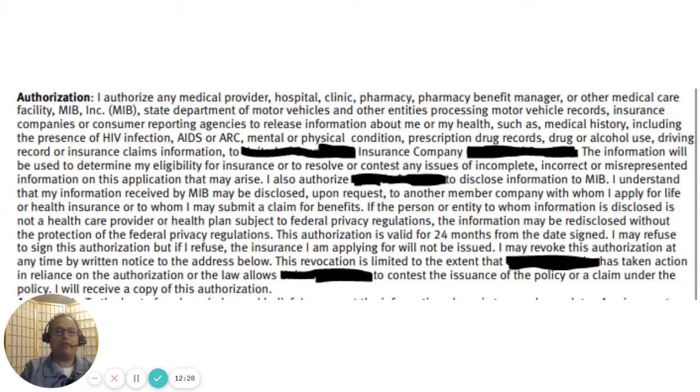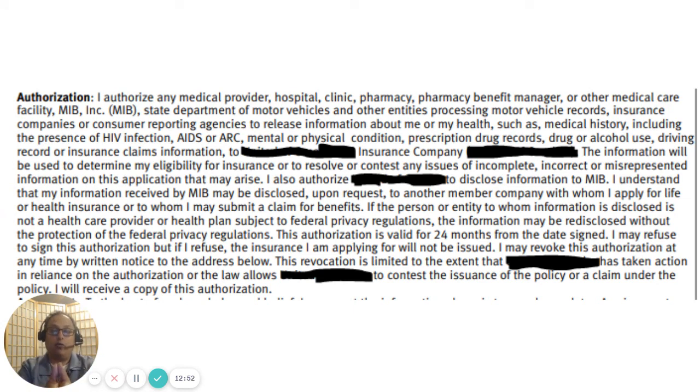So it's not about getting you on something or not getting you on something or sharing this information. They're sharing information all over the place. The MIB is basically a network of insurance companies, health insurance companies, life insurance companies. They're all sharing information behind the scenes with those people that give them specific permission to do so. So again, you could take the position to say, I'm not comfortable with this.